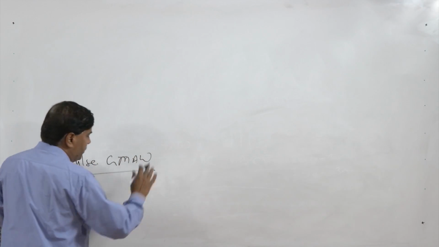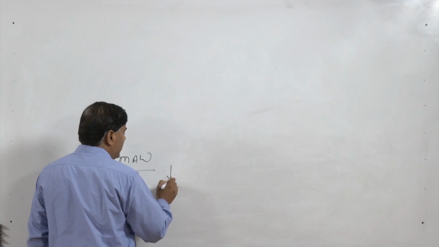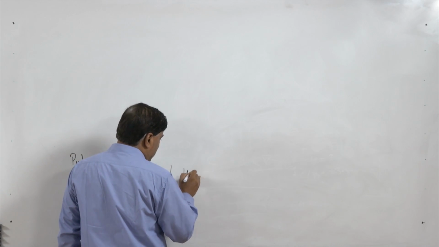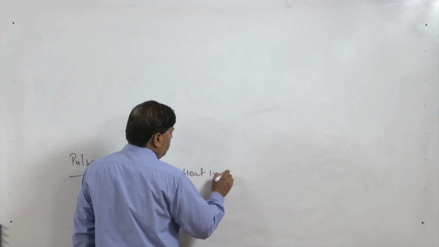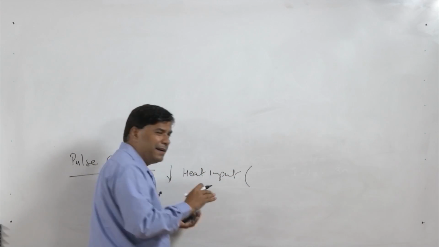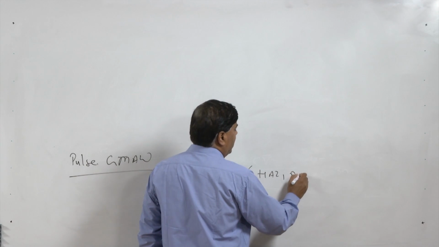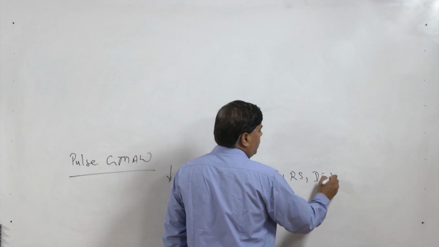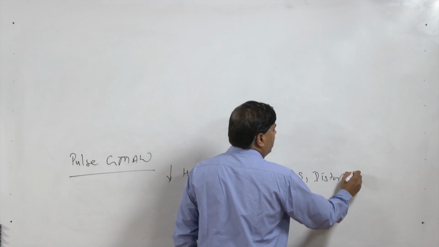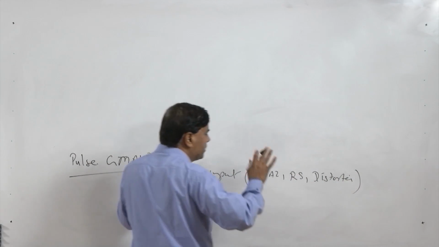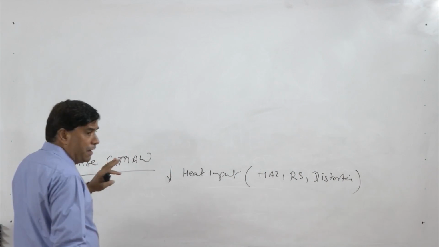The purpose of using this is somehow to reduce the heat input to the workpiece so that the related adverse effects in terms of the heat affected zone, residual stresses, distortion, unfavorable metallurgical transformation, all that can be reduced. That is the main purpose.